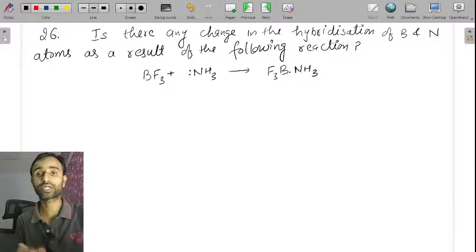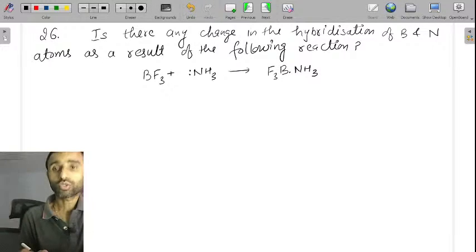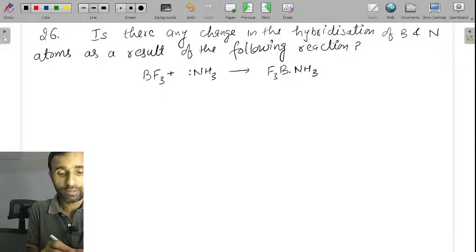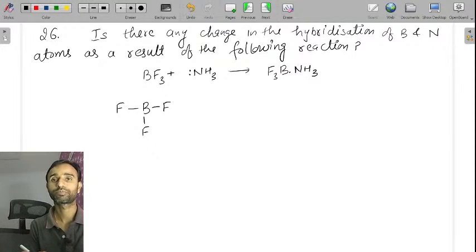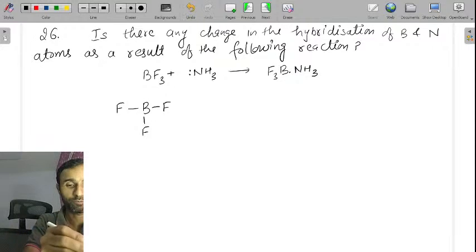This is called an adduct. Okay, so say in BF3 boron is attached to 3 fluorines. Or we can write it like this.